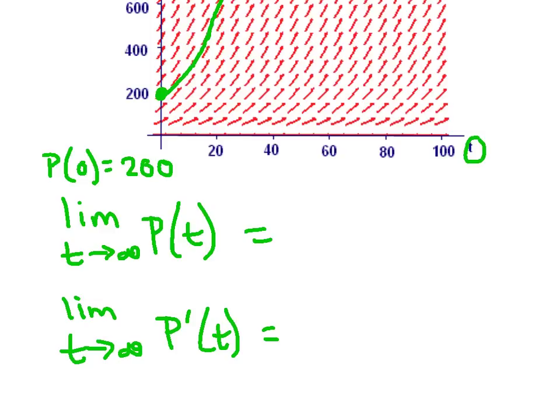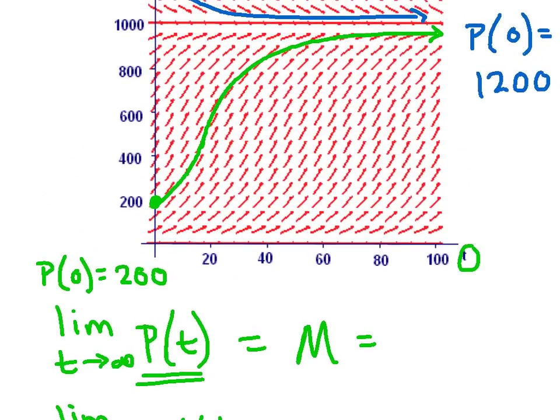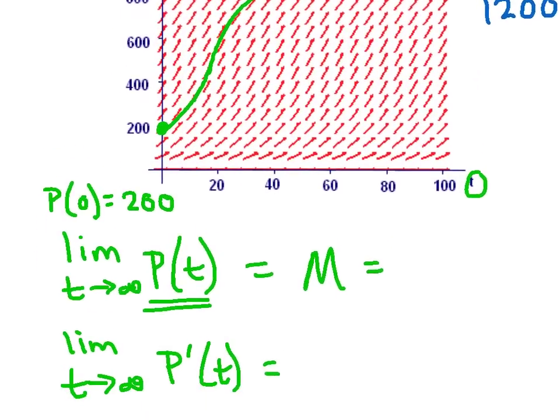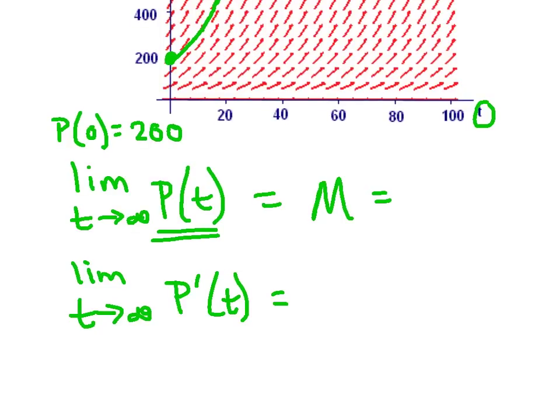So first things first, P of t represents the solution curve itself, the curve that we just drew up there, and you notice as t approaches infinity and gets really huge, the values of P approach m, which in this case, if we scroll up a little bit, you'll see that the horizontal asymptote was at 1,000, our carrying capacity is 1,000, therefore the limit equals 1,000.